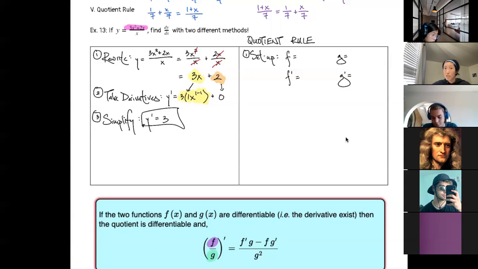G in this formula is the bottom part. So let's go to our original. The bottom is X. Okay. So I'm going to zoom in now so we can take a look at this setup.